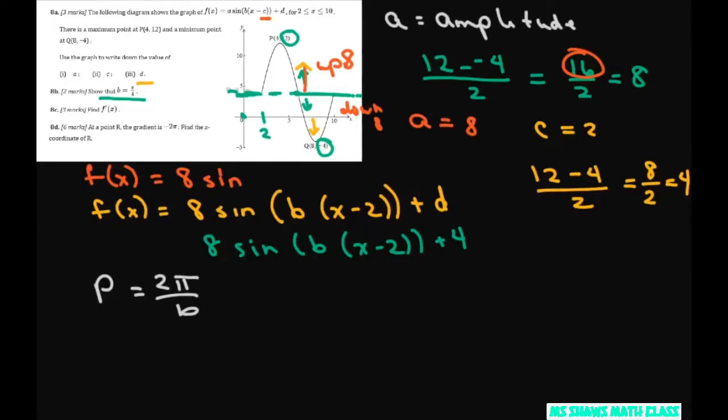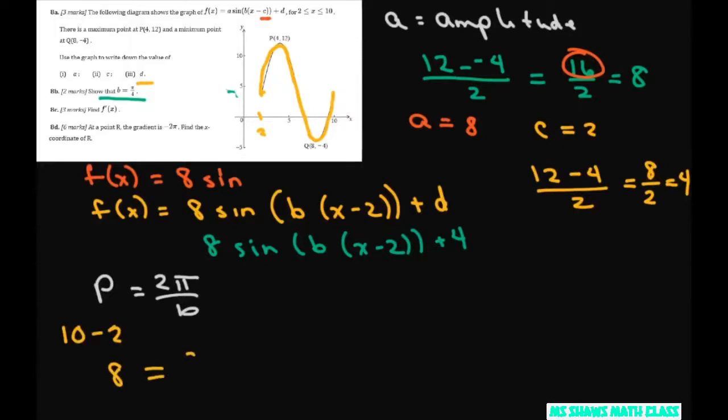So we need to figure out the period. The period means a complete rotation of the wave. So our complete rotation of the wave is going from 2 to 10. So our period is 10 minus 2, which is 8.